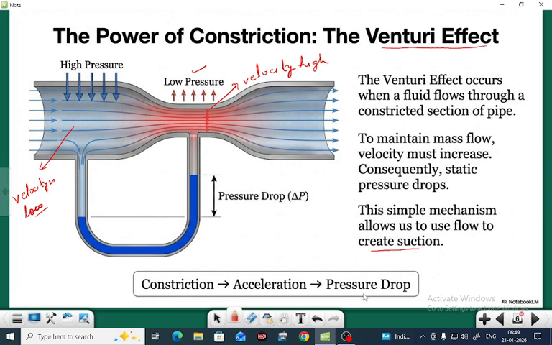Constriction, acceleration, pressure drop. This is the Venturi effect, or the power of constriction. There is a pressure drop in this region, del P.